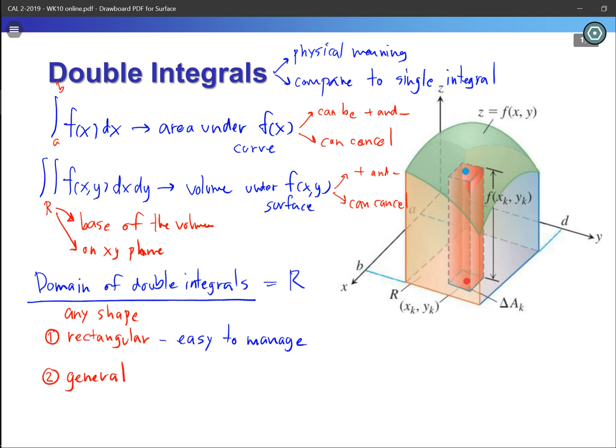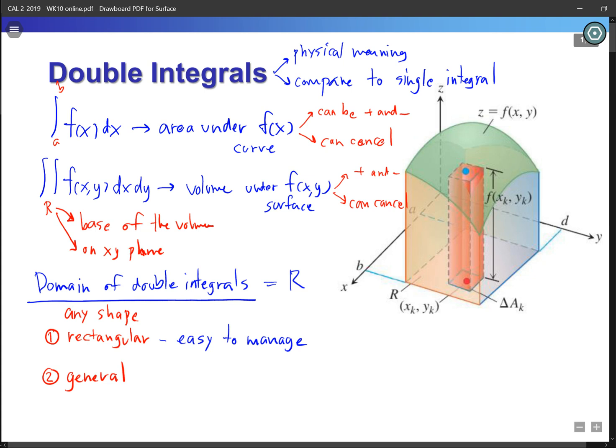But before that, I want you to take a look at this. We talk about this region R, right? And we talk about that this R is the base of the volume. So I want you to see this. In this example, this area under the surface had this base. It looks like this shaded area.